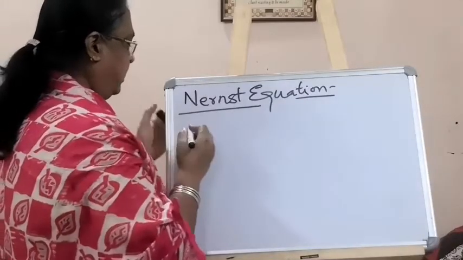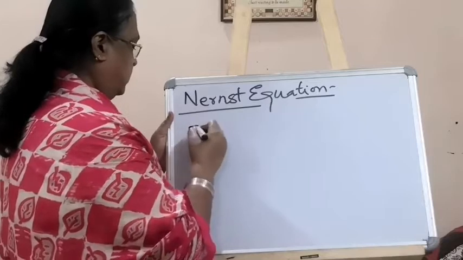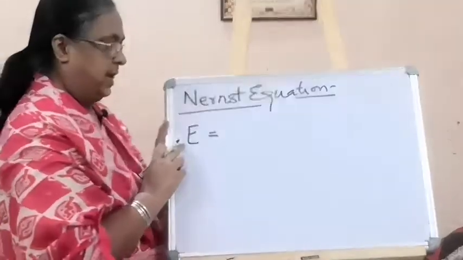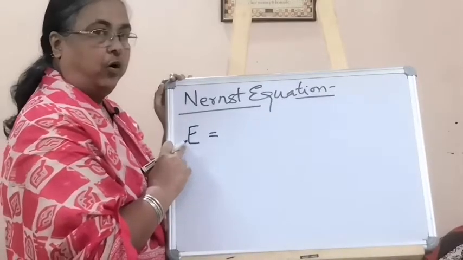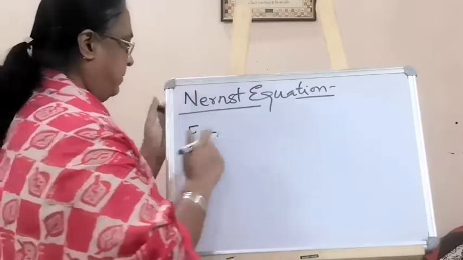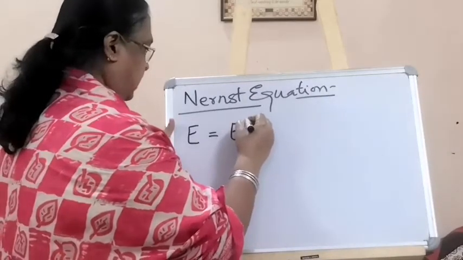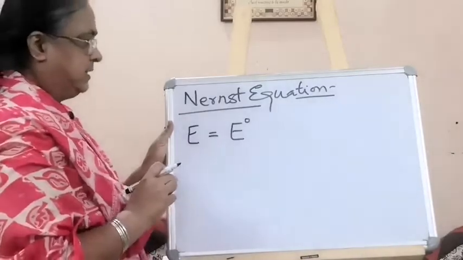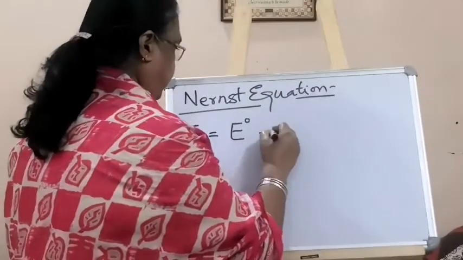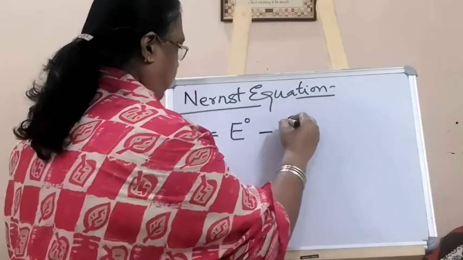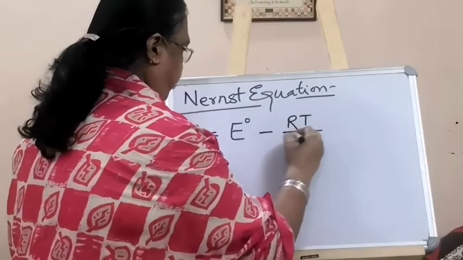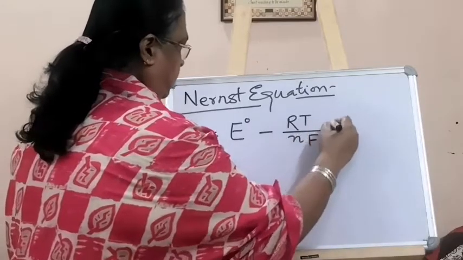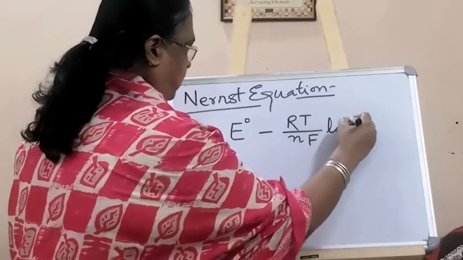So Nernst has given an equation which is E equals E0 minus RT upon nF, log of concentration of RS upon concentration of OS. Here E is the electrode potential of an electrode assembly, and E0 is the standard electrode potential of that assembly.